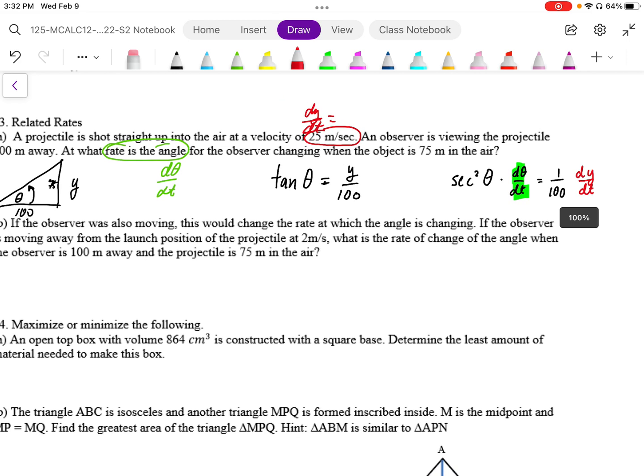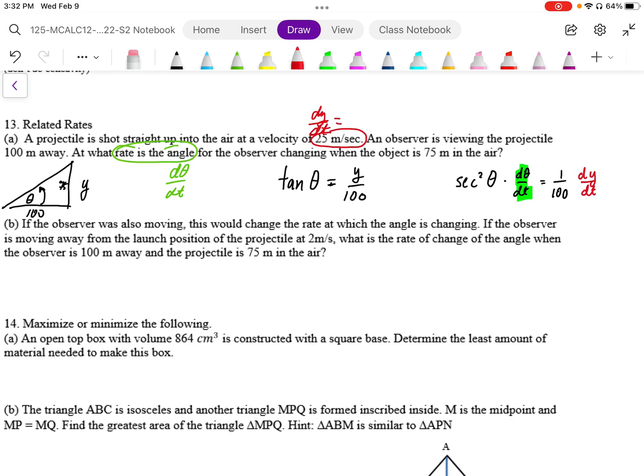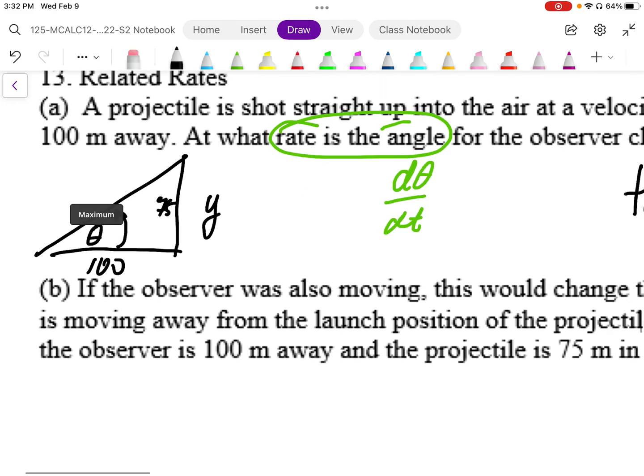Okay, so I have, let's see, I need my theta. Ooh, I don't have theta. However, I do have this picture to work out theta. I'm calculating d theta by dt. I have dy by dt is 25 meters. So then what's left is I just have to figure out what the theta is.